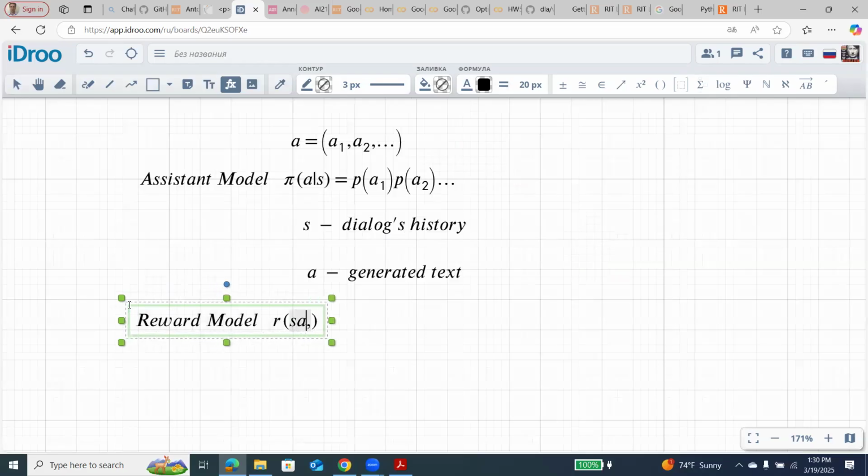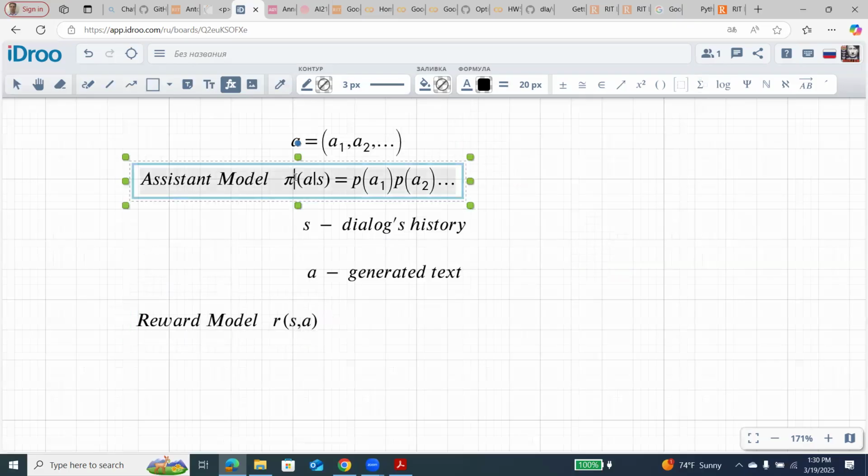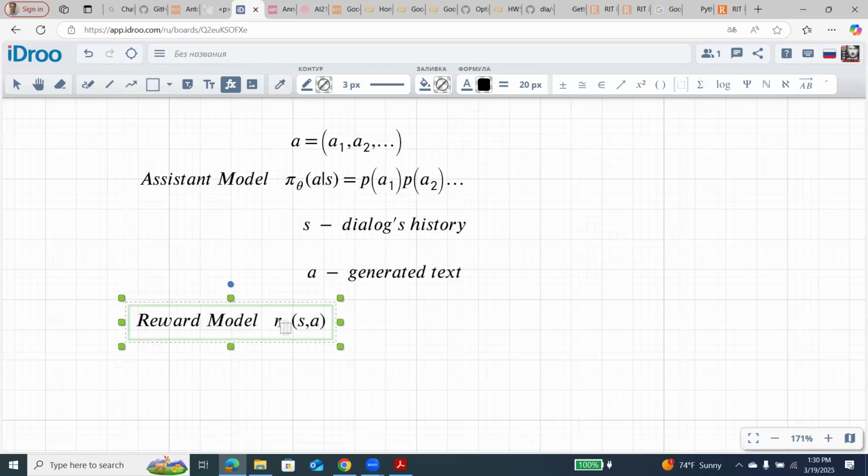Reward model, okay, and also let's use some parameters. Let's denote the weights of the neural network for our language model by theta, and the weights of the neural network for a reward model by phi, for example.